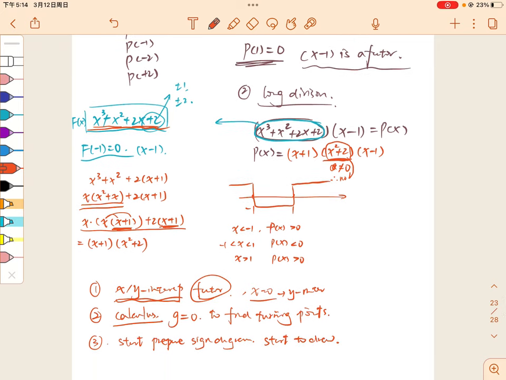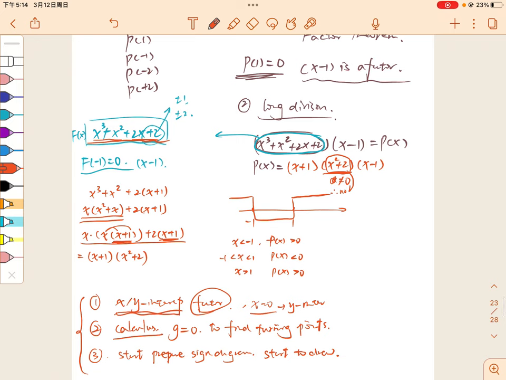Okay, so don't worry about this by far. I just want to give you guys a big picture of what might come up around polynomial functions once you've done mostly everything. But yes, just keep this in mind. If you are given a polynomial function, try to use the factor theorem to find the intercepts first. And then we find the turning points, and lastly, we are able to draw the graph.